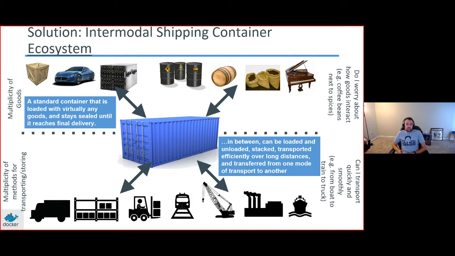And the introduction of the shipping container actually created a singular shipping format that could be used for different resources. So you could put crates and cars and barrels of oil all in the same container, and you had a single ecosystem of transportation and storage mechanisms that could be used to either transport or store those containers.